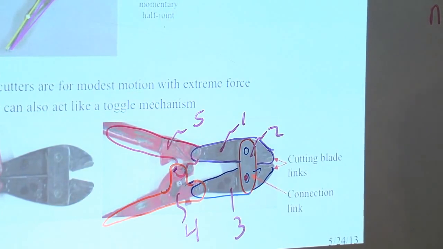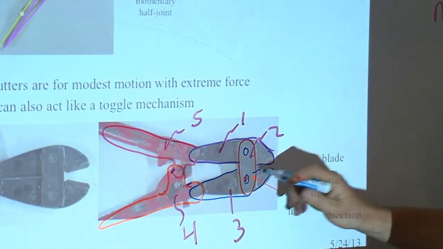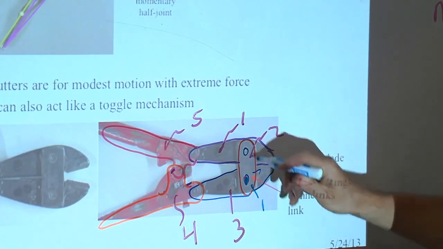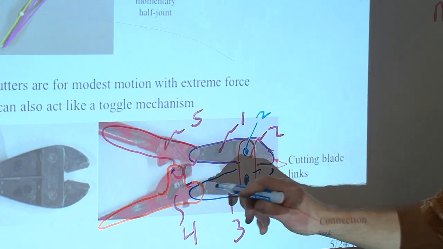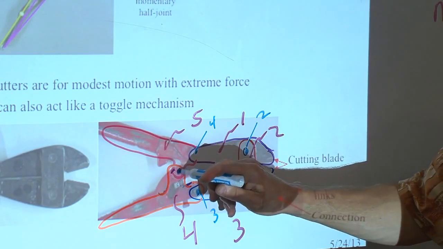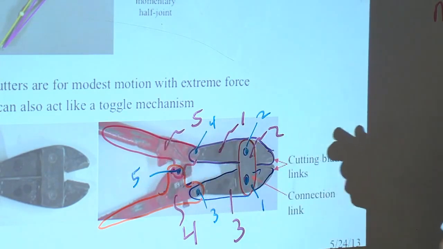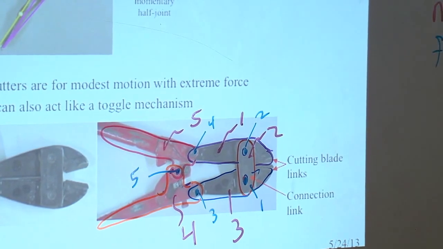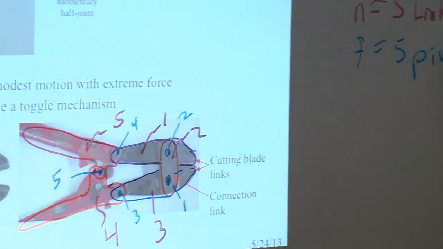Let me use a different color so I can see better. I've got 1, 2, simple pivots, 3, 4, 5. I have F equals 5 pivots.